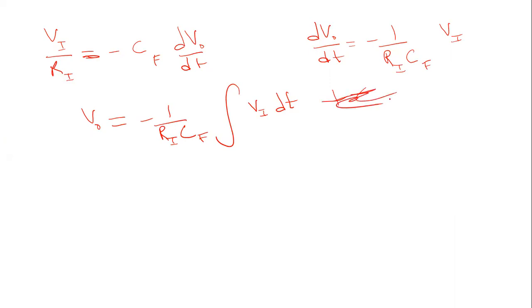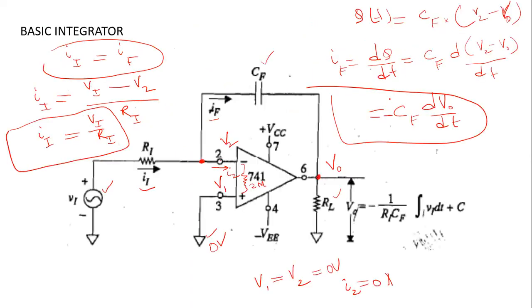So this gives you a circuit using an operational amplifier that can perform integration of the voltage signal that is supplied at the input terminal. It gives out the integration of the voltage signal supplied at the input.